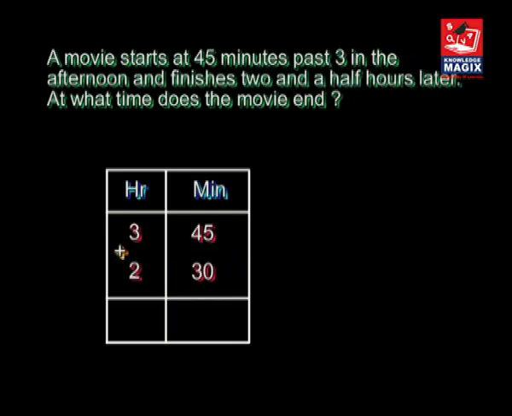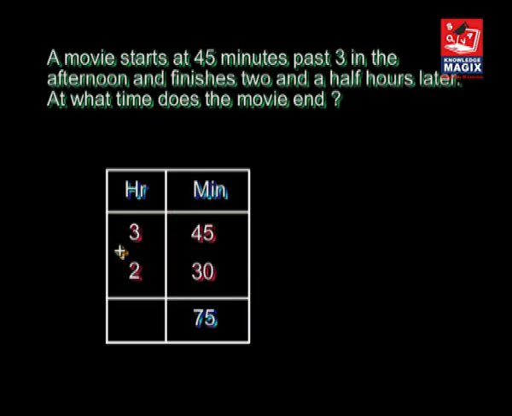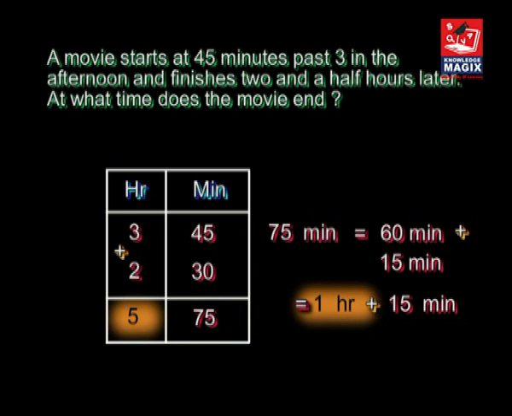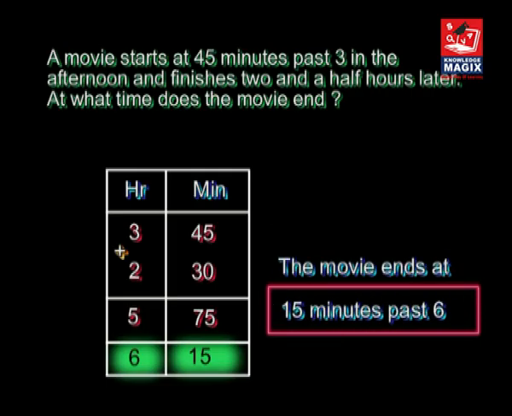We'll make the addition of minutes, it is 75, and the addition of hours, it is 5 hours. Now 75 minutes is equal to 1 hour 15 minutes. Therefore, we'll add this 1 hour to the hour column. So it is 6 hours 15 minutes. So the movie ends at 15 minutes past 6.